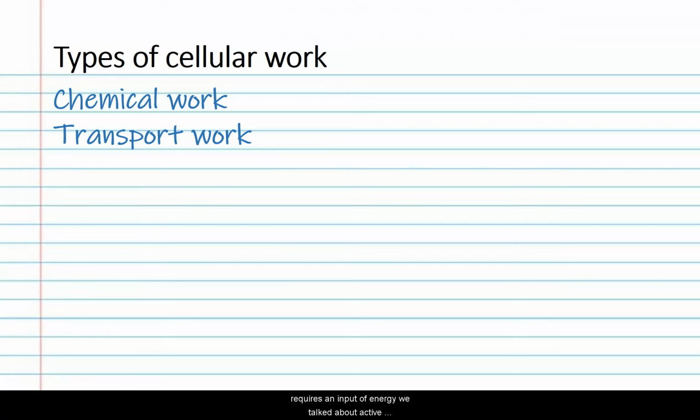That requires an input of energy. We talked about active transport in our last chapter. And mechanical work is the energy of movement, whether that's movement of motor proteins or the movement of the cell as a whole. That is work, and that requires an input of energy.